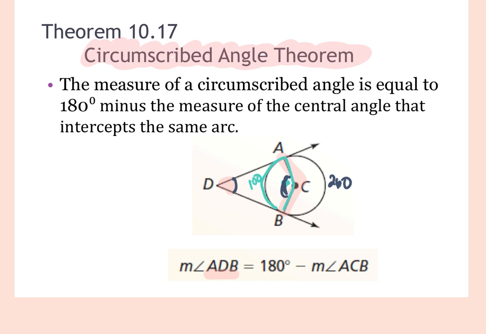Can A and B be placed anywhere? Sure. And it'll still be 180 minus? Yep. Good job. But it has to be the minor arc though. You can't put B over here because it wouldn't be the tangent anymore.